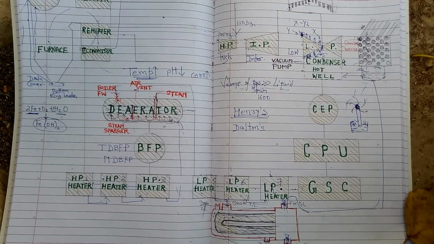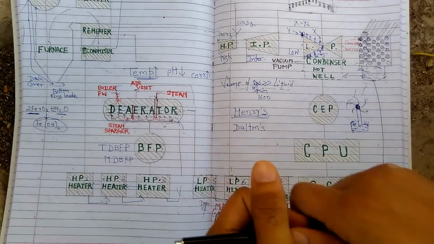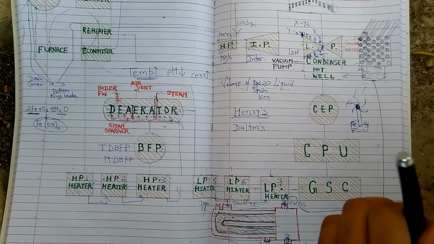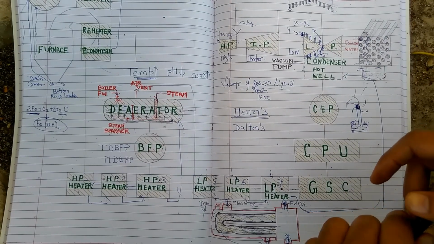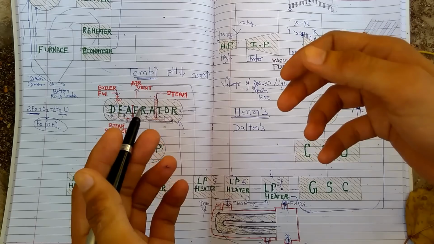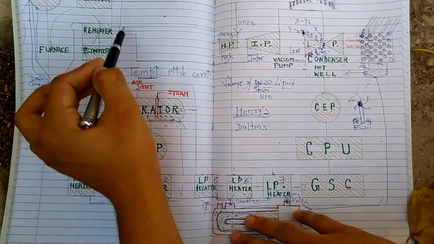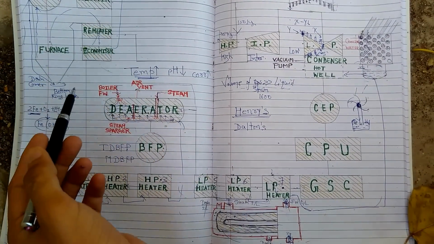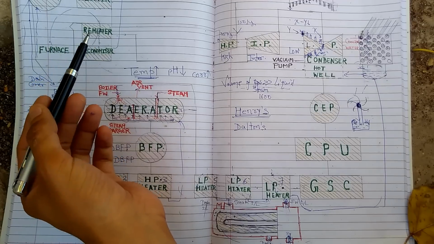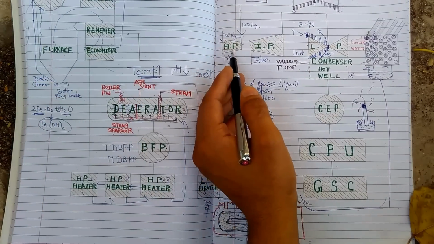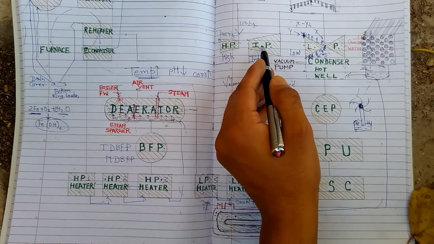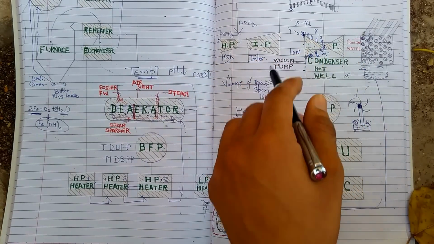So let us start. You must all have a basic idea of the plant, of what we do to generate electricity. We convert water into steam at very high temperature and pressure using the boiler and some pumps. After the boiler, the high temperature steam goes to the turbines. This is the high pressure turbine, this is the intermediate pressure turbine, and this is the low pressure turbine.